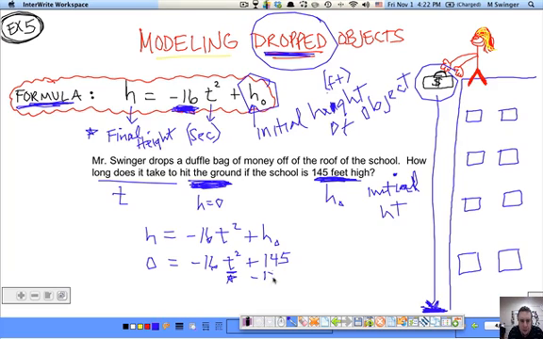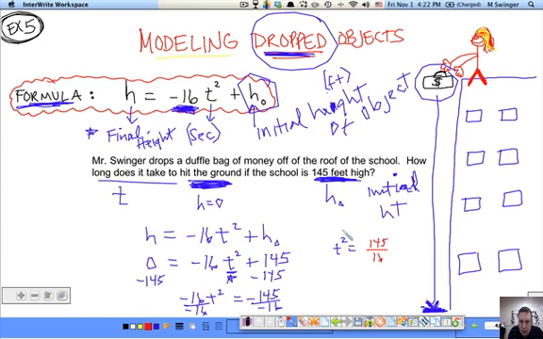Move 145 by subtracting 145 from both sides, and you get negative 16 t squared equals negative 145. Get t by itself, so divide by negative 16, and then you get t squared equals 145 divided by 16.